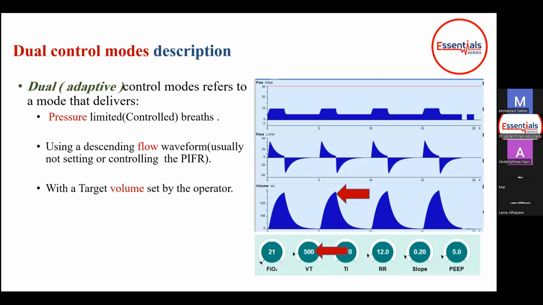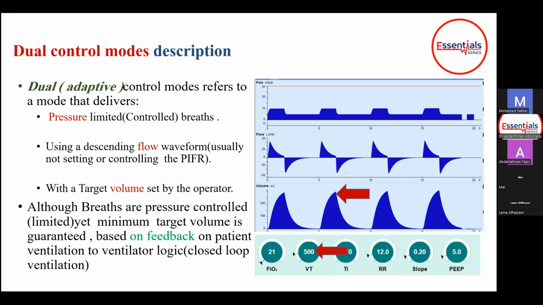This is an advantage of dual control modes. So dual control modes are pressure limited modes, but this pressure limit is not fixed. It increases or decreases to guarantee a tidal volume set by the operator of the ventilator. This is using a feedback mechanism through the algorithm of the ventilator. This is how dual control modes work.